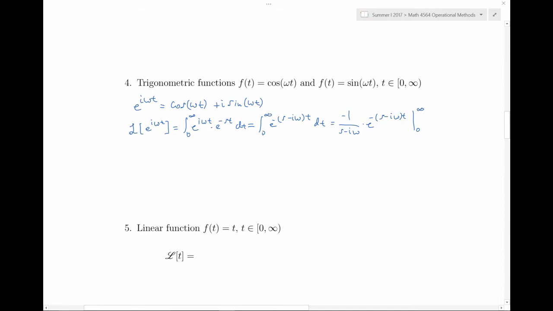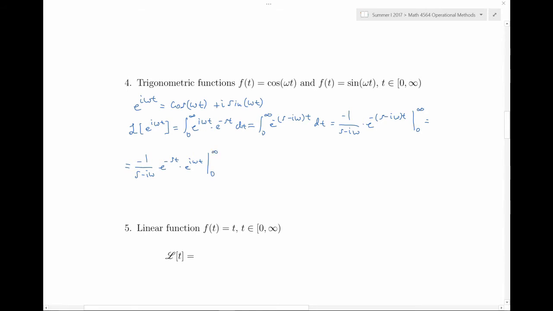And here's an interesting fact. I can write this as minus 1 over s minus i omega, and I'm going to separate it into e to the minus st times e to the i omega t, evaluated for t from 0 to infinity.